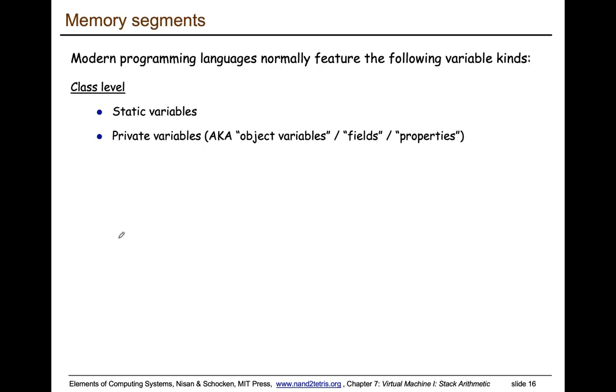We declare them at the class level in object-oriented programming. We also have the method level: associated with each method, you have local variables that you can declare within the method. Also, we have the argument variables, which pass values to the method.